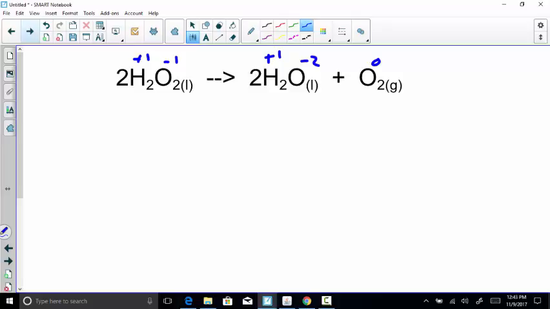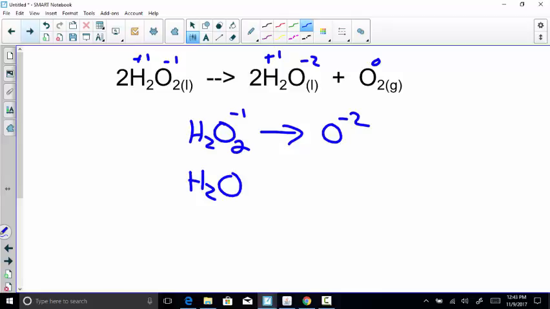No. So what changes is the O, that is a -1 charge, goes to an O, which is a -2 charge, and I'm just going to leave this as H2O2. H2O2, that is a -1 charge here, goes to O2, which is a 0 charge. Now, I love that as H2O2, but I'm really just looking at the oxygens.